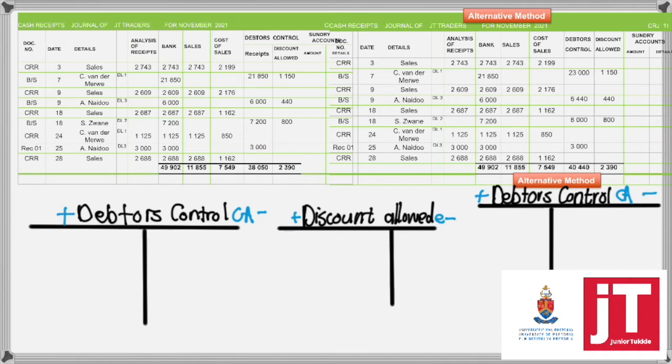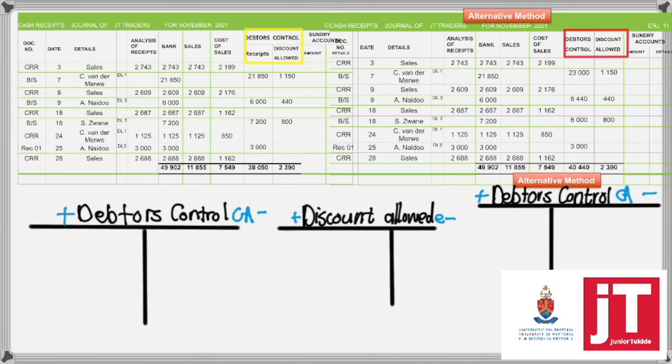So if we first look at the left hand side, the standard layout, you will see that we have a debtors control account and a receipts column split, or debtors control split into a receipts column and a discount allowed column. And then the alternative method, you will see the difference there is that there's a one total debtors control account and a discount allowed account.